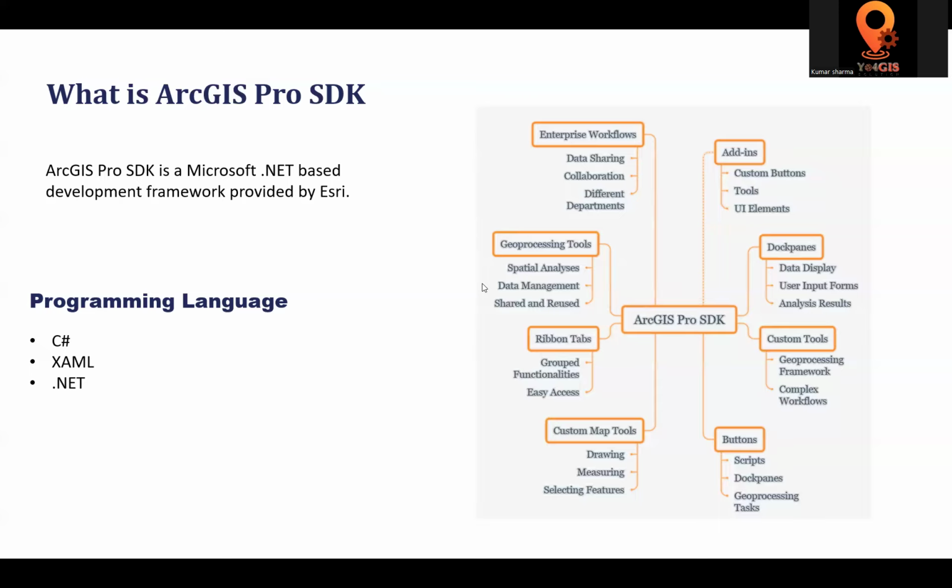We can create our own custom tool based on the project requirement. We can create our own personal button which will consume the script, open the dock pane, and do any custom operation we want. We can create the custom map tool.